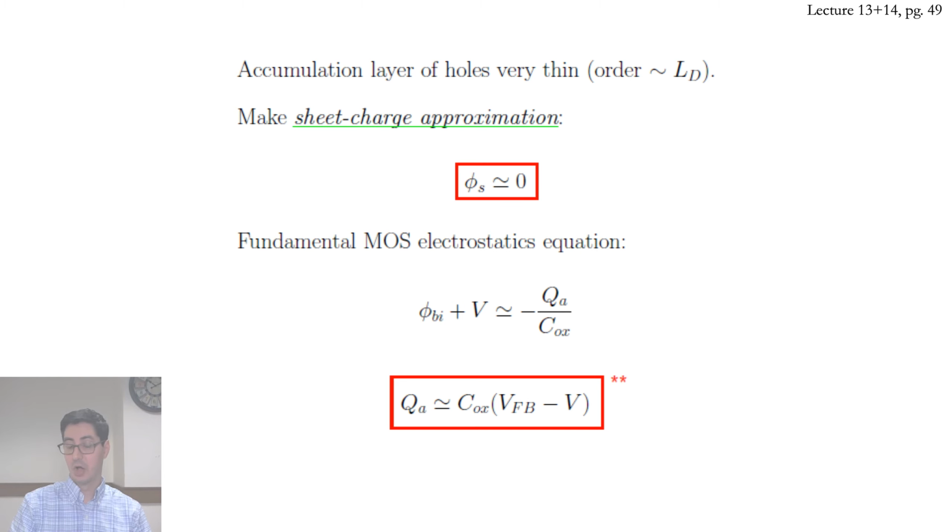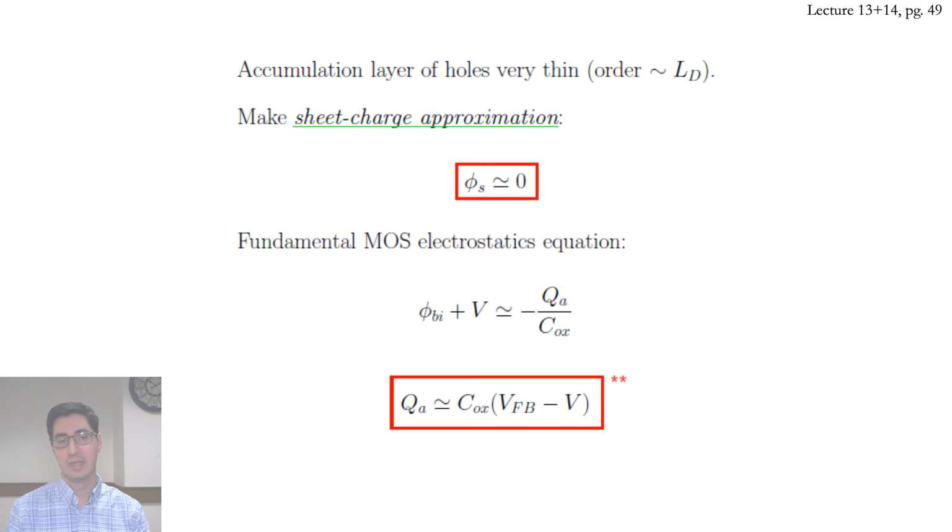If we make the approximation that all of our carriers are right near the surface, then we won't have much potential drop across the semiconductor. Of course, we have to have some potential drop across the semiconductor because the bands have to bend. But to solve this analytically, let's just assume the potential drop across the semiconductor, phi s, is small.